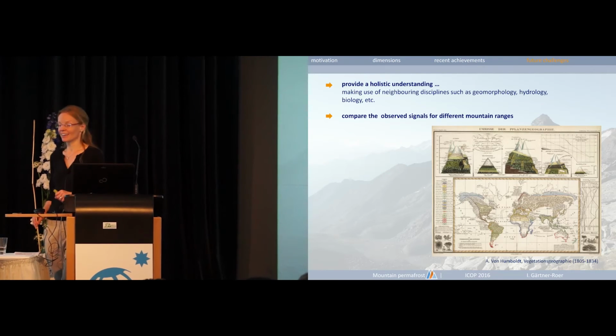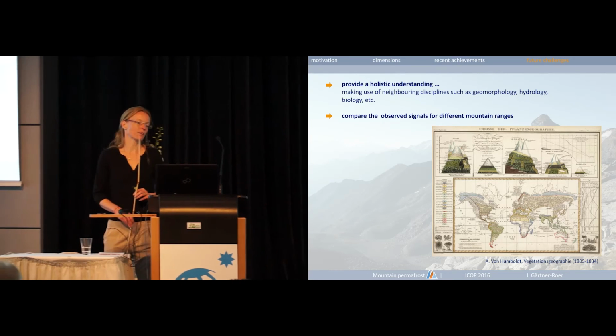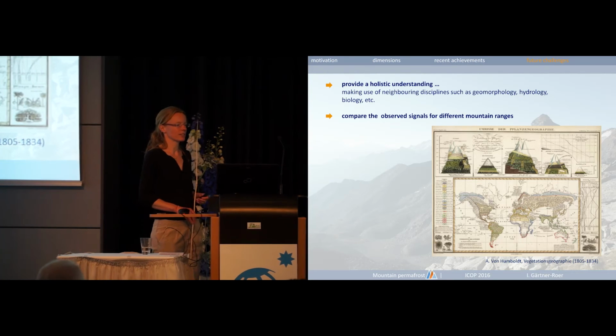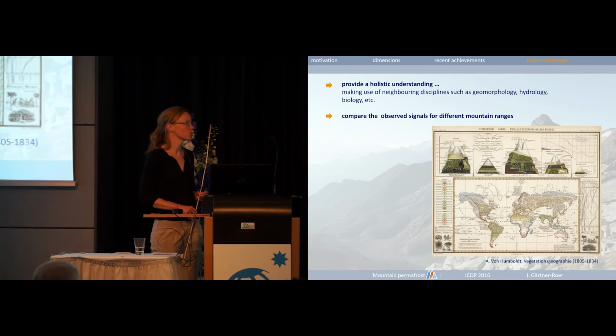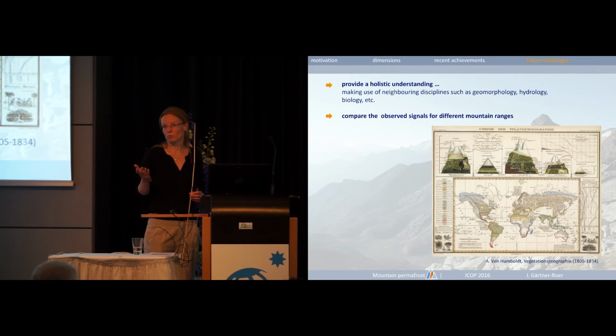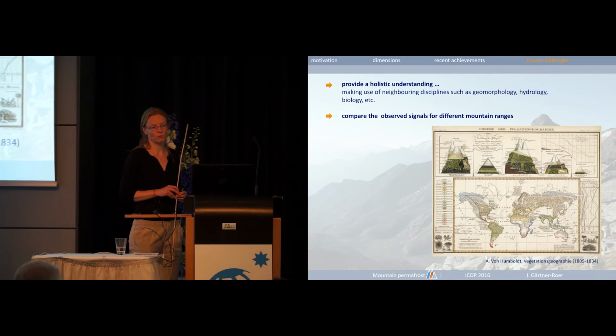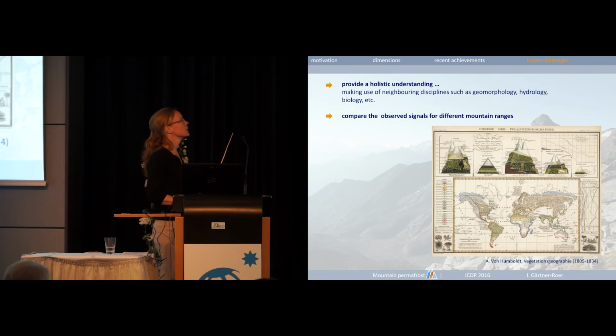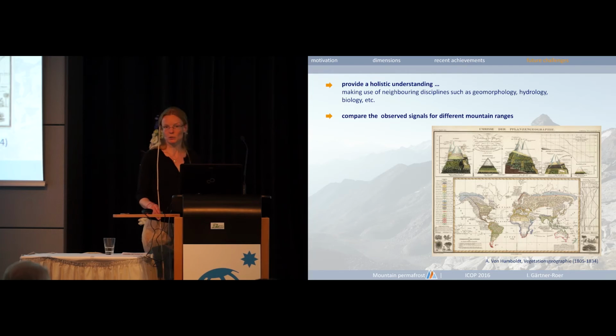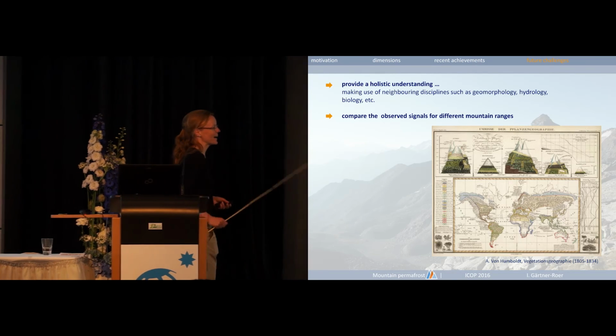And finally, I think we should open more for a more holistic understanding, making use also of the neighboring disciplines such as hydrology, glaciology. We also heard talks on permafrost and glacier interactions, and also the biology. We saw several talks about that. And since we're here in the vicinity of Berlin, I think Alexander von Humboldt is quite a good example, because he was one of the first explorers combining different disciplines.